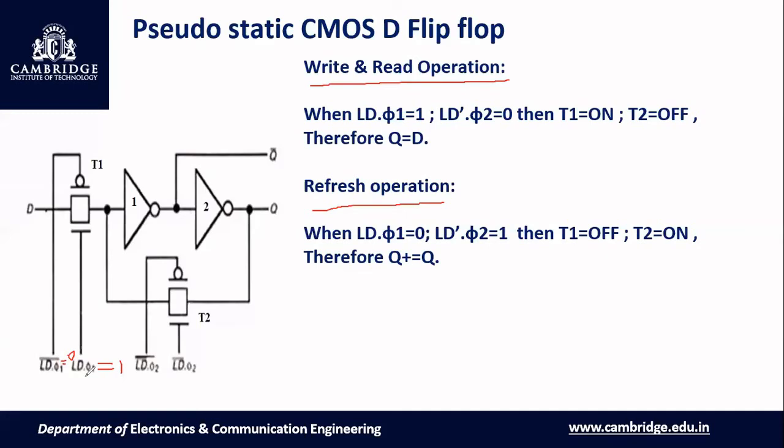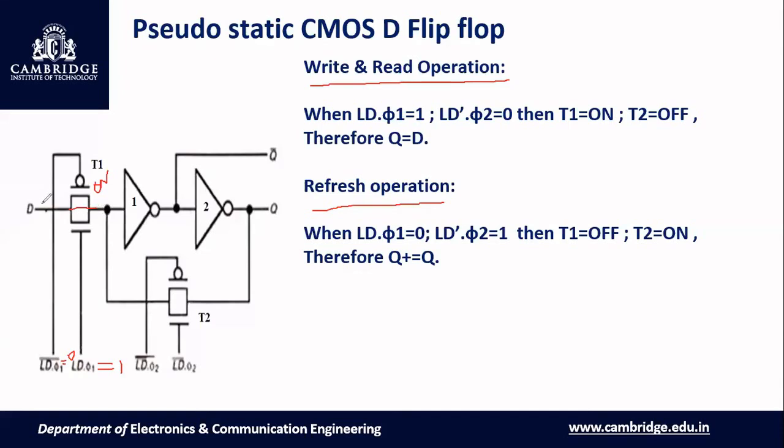So if you are applying logic 1 for the gate of NMOS, NMOS will be on. And if you are applying logic 0 for the gate of PMOS, PMOS will be on. Your transmission gate T1 is on, and whatever data you give for D will be available here.